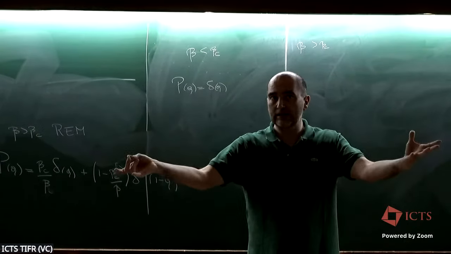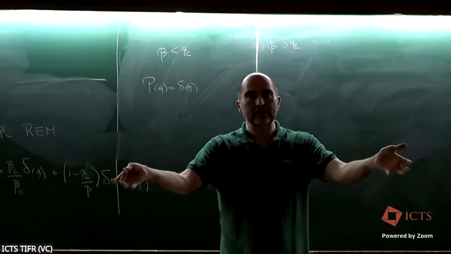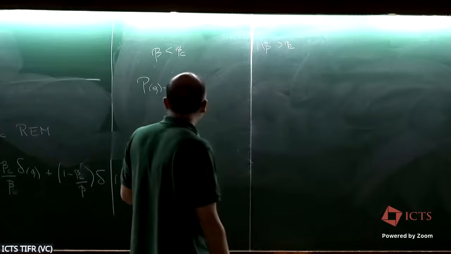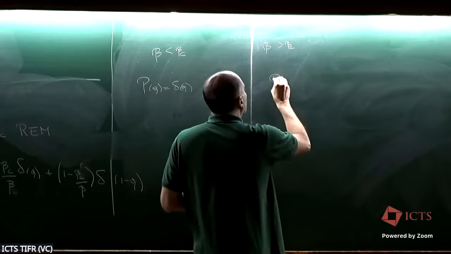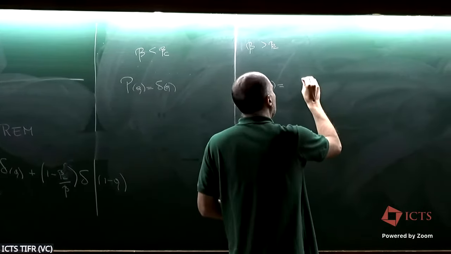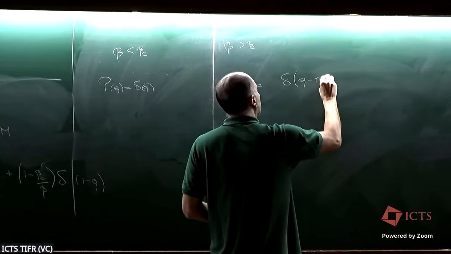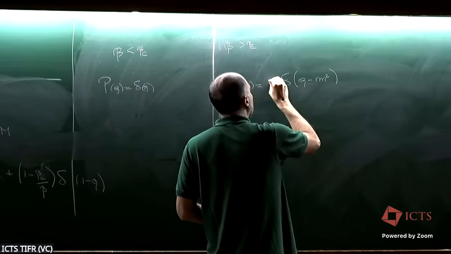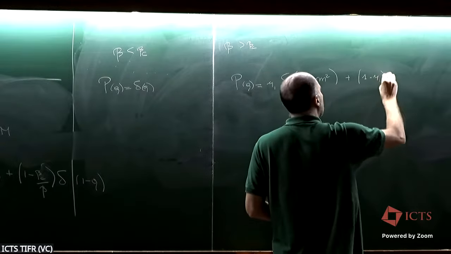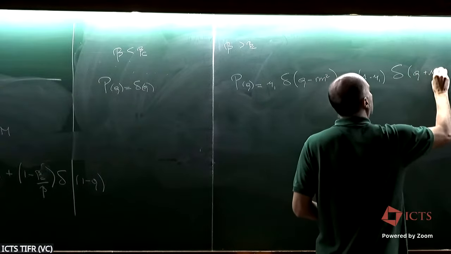There are two states, which in this language we usually call pure states. There are two states that have opposite magnetization, okay? So if you pick configurations that have the same magnetization, okay, you will have something like delta of Q minus m squared with some weight, mu1, okay, it will be more or less 1/2. And then with the weight 1 minus mu1, you will have the other peak, which will be plus m squared.